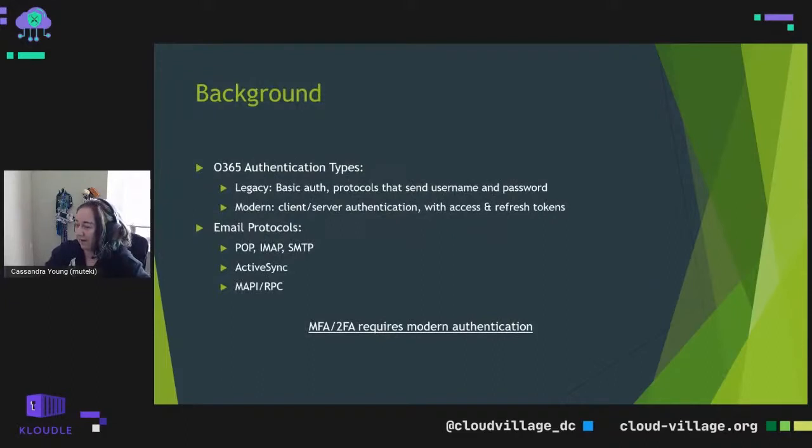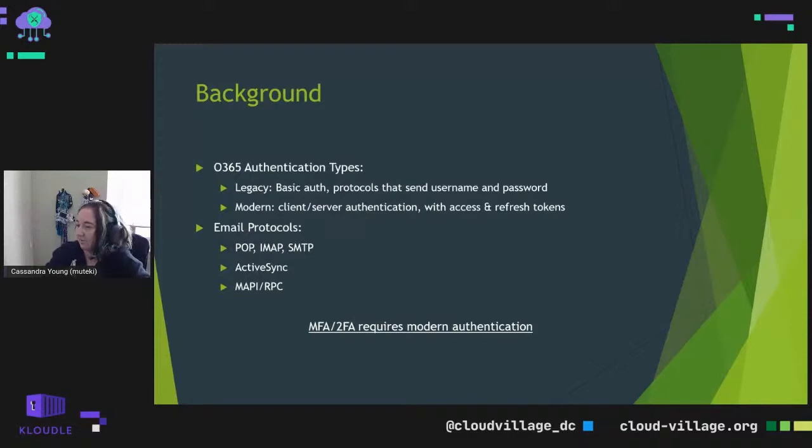So for a quick background, in order to understand what's going on here, there are a couple of O365 authentication types. Microsoft, being Microsoft, uses its own terminology. What it refers to as legacy auth is basic authentication, and these are protocols that send username and password in the header in plain text, essentially, unless they're sent via HTTPS or some other protocol.